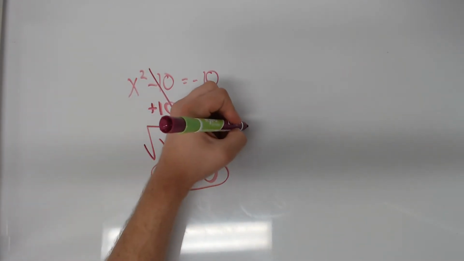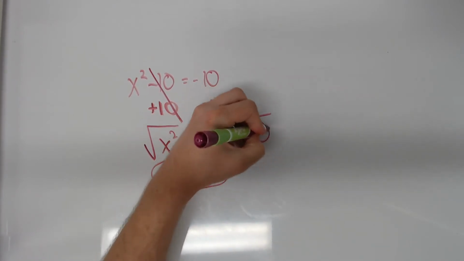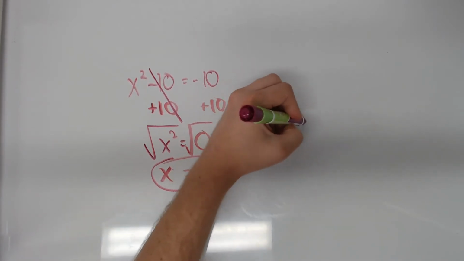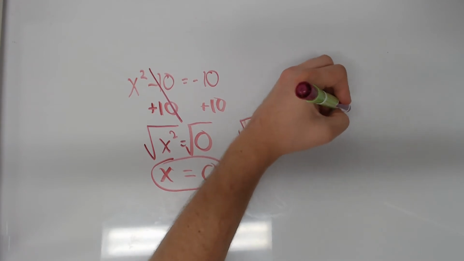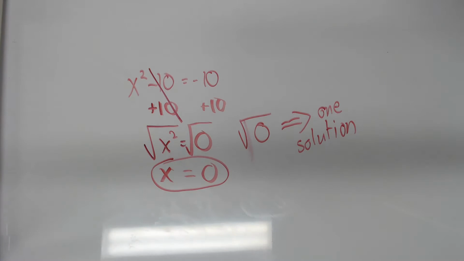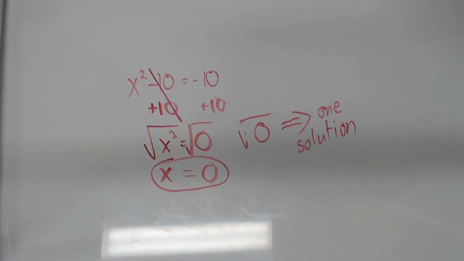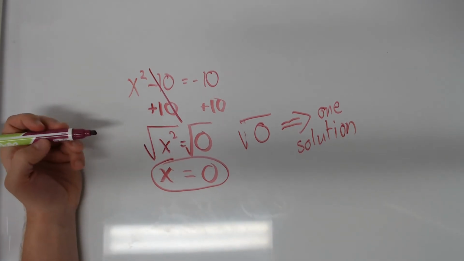So whenever we square root 0 as part of our equation, we're going to end up with only one solution. Hopefully that makes sense, because -0 and +0 would be the same number, so we don't actually get two different solutions. It's just 0 when we square root 0.